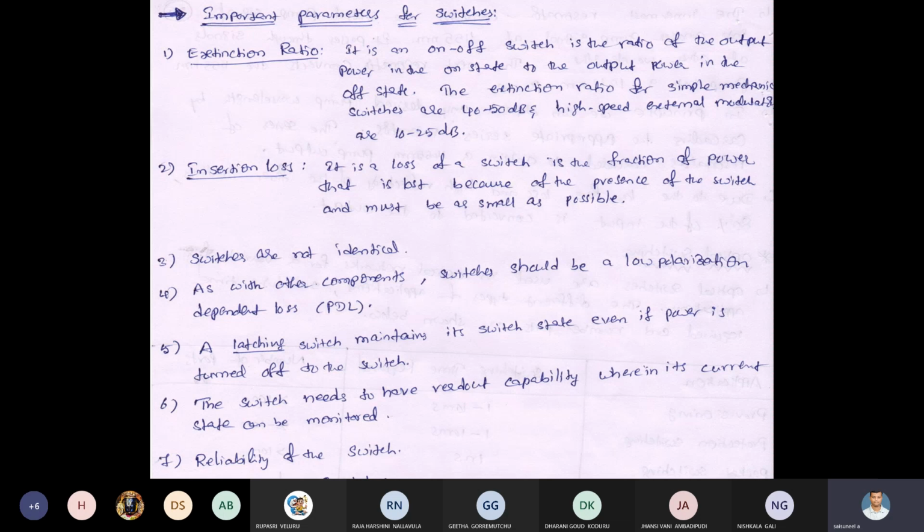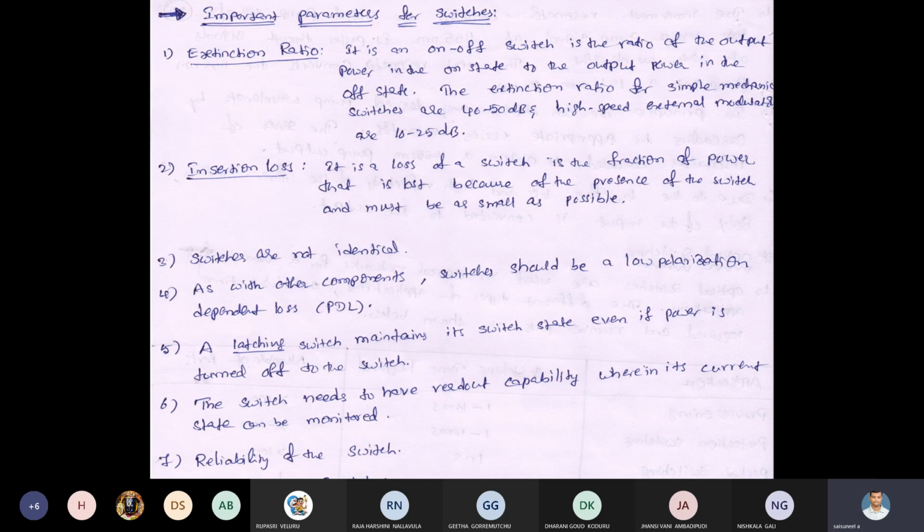Now we go for the next important parameters for switches. The first one is extinction ratio. Extinction ratio is the ratio between on and off of a switch. That is, how much power is required for the on condition and how much power for the off condition.